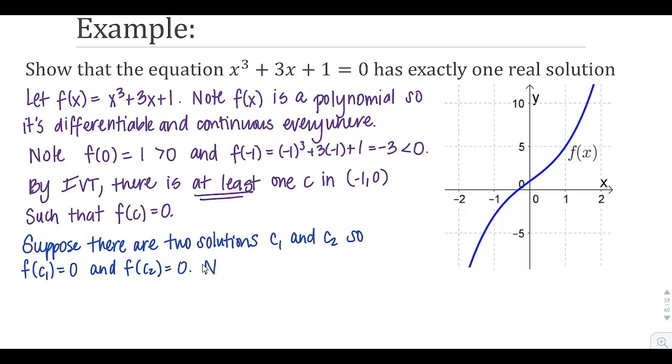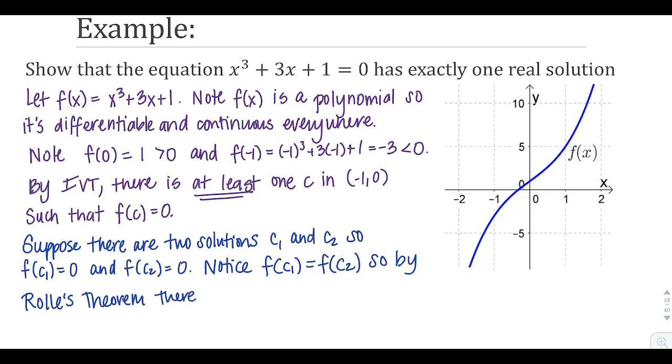So then notice that f of C1 equals f of C2. So by Rolle's theorem, there is a c in the interval from -1 to 0 such that f prime of c is equal to 0.